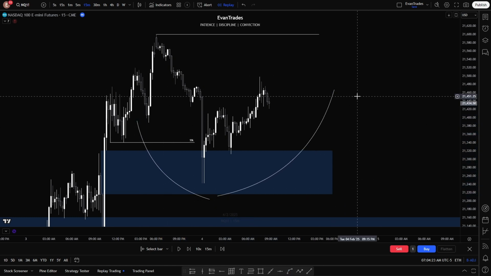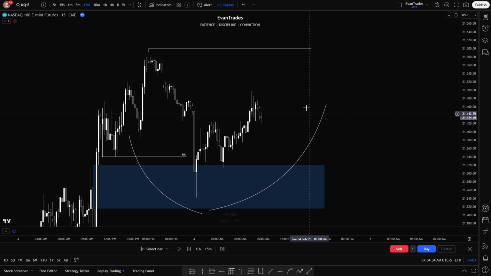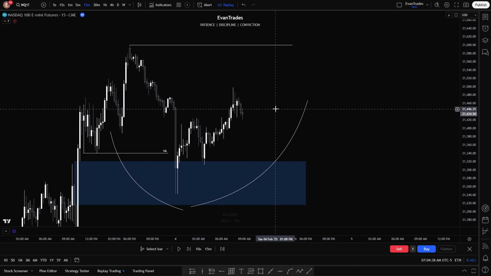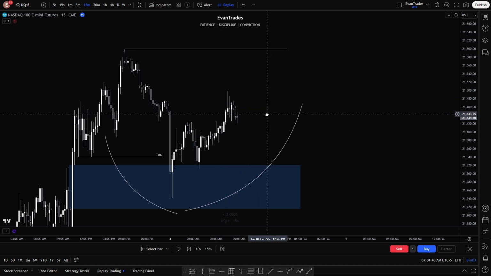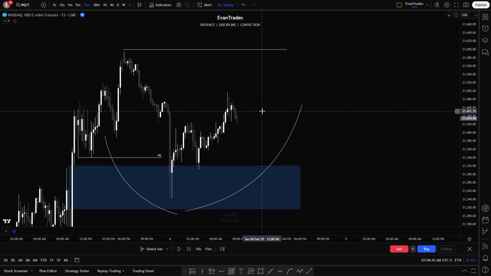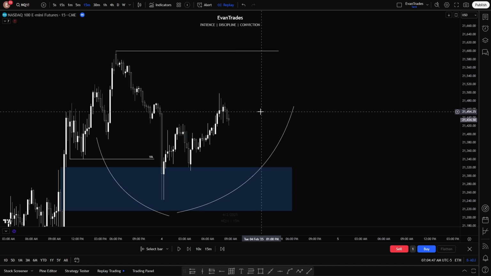So I would be writing in my notes, it's more likely you're going to see cleaner setups when you're aligning the higher time frame model with the lower time frame model. So we're starting to see buy side of the curve in this 15-minute market maker model that aligns with our higher time frame model.